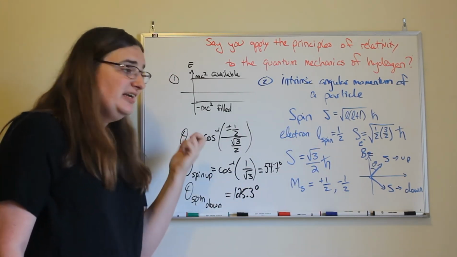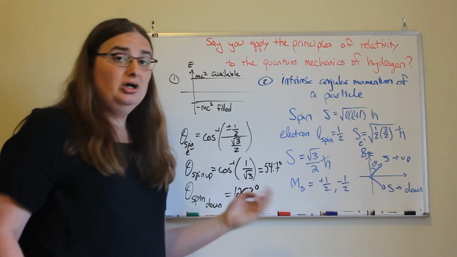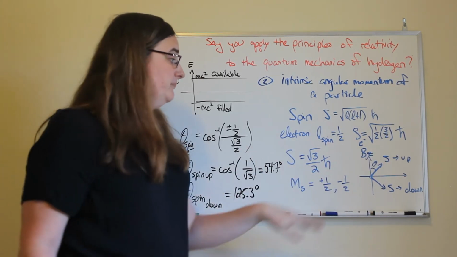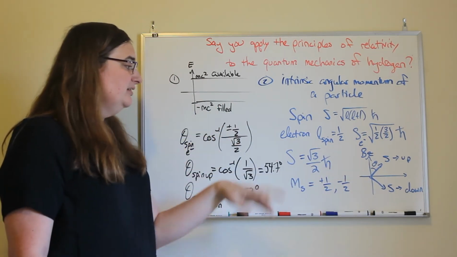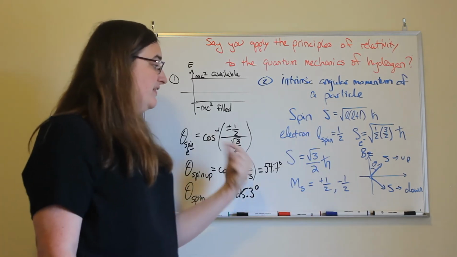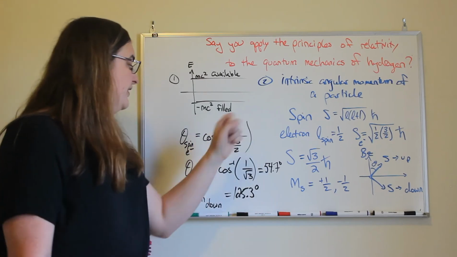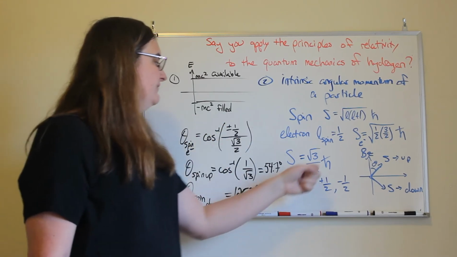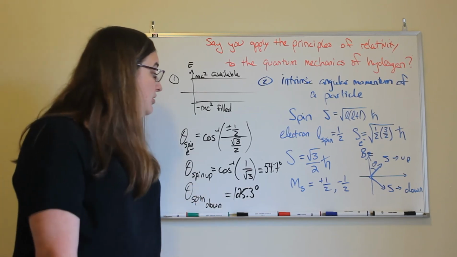So the cosine of the angle between our m quantum number and our total angular momentum, here our value of s, is equal to the amount of angular momentum projected along the axis of the magnetic field divided by our total angular momentum. So that's our m quantum number divided by the square root of L times L plus 1.